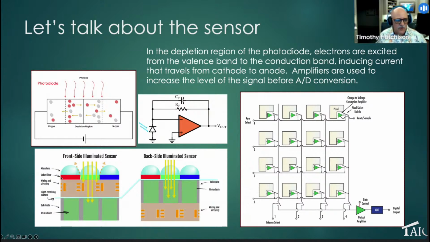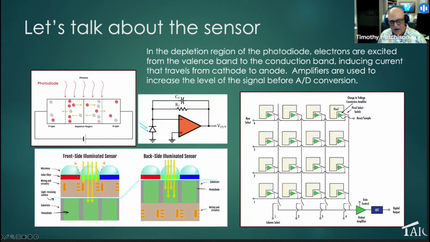On the front of each pixel, we have this piece of glass that you see here, this little bubble that you see at the top, that's called a micro lens. And this micro lens kind of gathers the light and focuses it down to the photodiode.